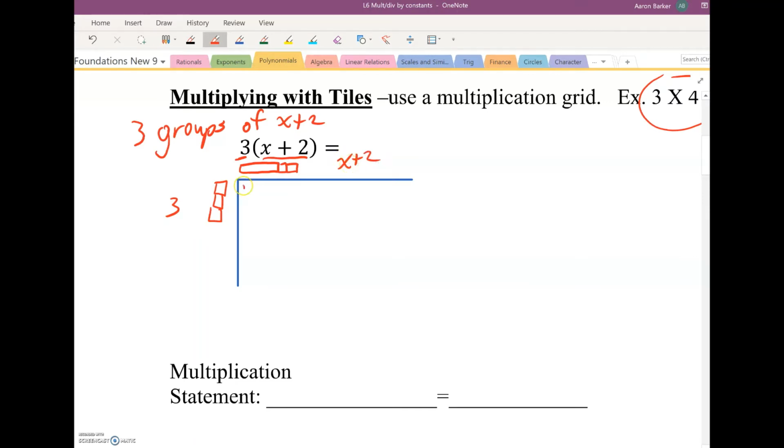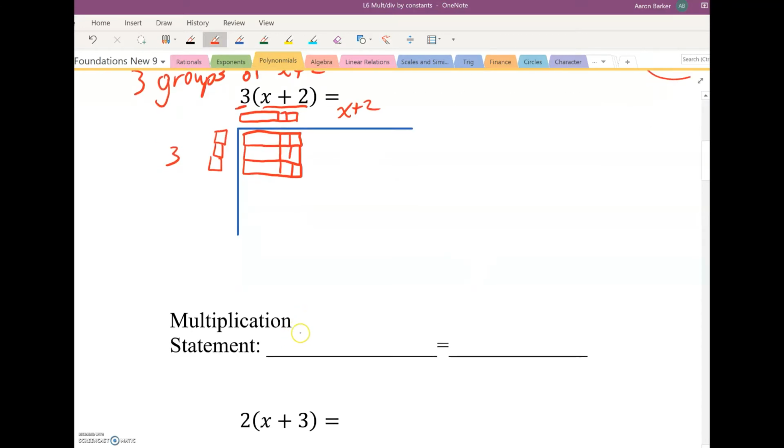And so here's one group. Again, watch how I'm drawing this. It's like I'm tracing the lines. And there's my x plus 2. Here's my other group of x plus 2, and there's my last group of x plus 2. So looking at my multiplication statement, I have my factors, which is 3 times x plus 2.